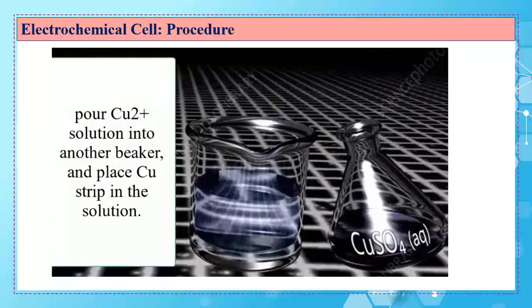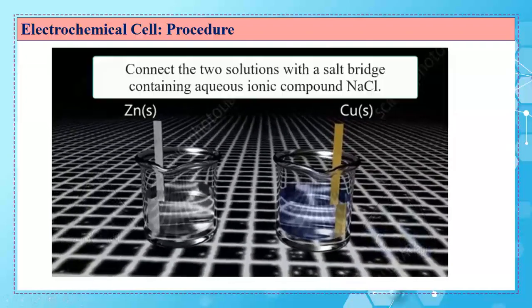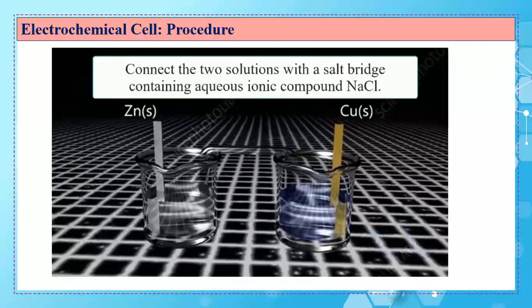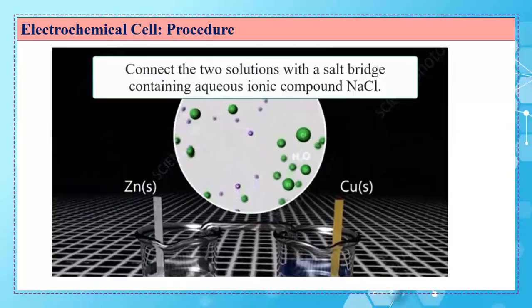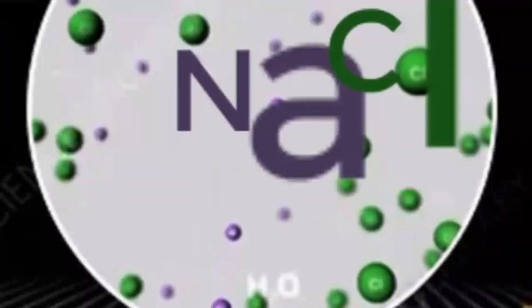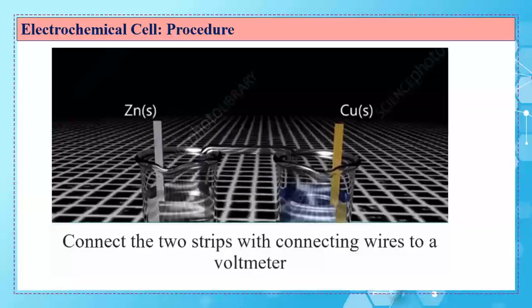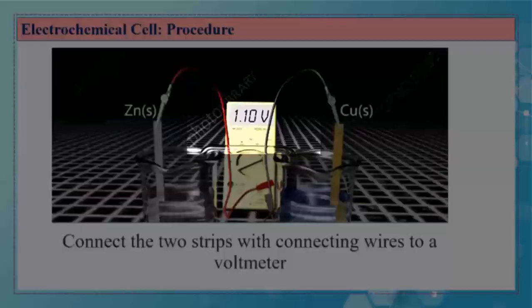Then place its corresponding metal strip, which is the Cu strip. In the second step, connect the two beakers by a salt bridge. This salt bridge contains an ionic compound, for example, NaCl. If we zoomed more into the salt bridge, you will find Na+ and Cl- ions. And finally, don't forget to connect the two strips by using connecting wires and a voltmeter. As you can see here, the voltmeter will show a voltage of 1.1 volts.